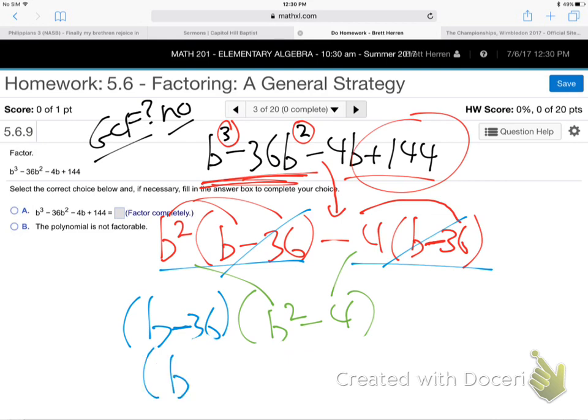So the b minus 36, that just comes down, no change at all. But the b squared minus 4, that's b plus 2, b minus 2. Now we're done. Does that make sense? How do we know we're done? These are all just regular b, first power.